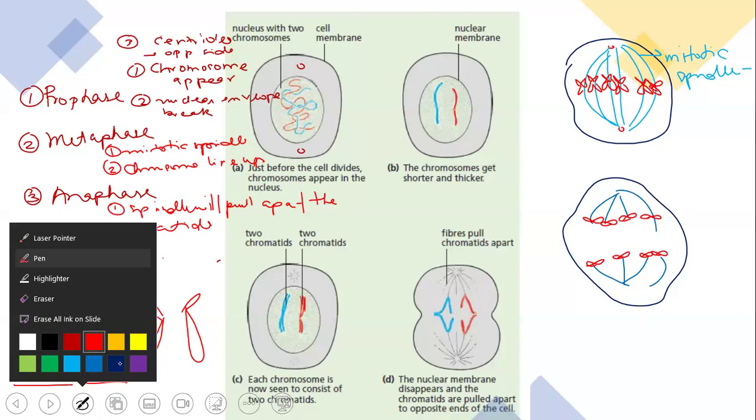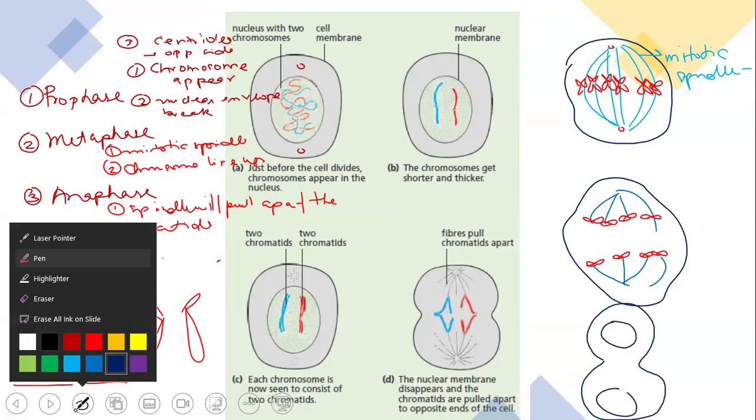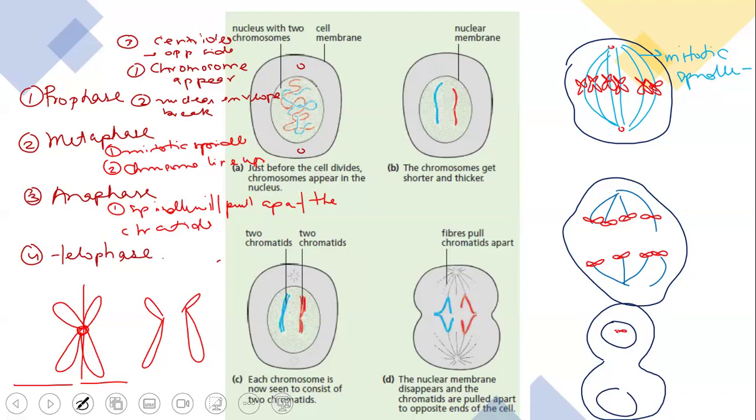Now, the final stage that we have is telophase. In telophase, now that the DNA is equally divided, the cell is going to split into two. Half of the chromatids are on one side and half on the other side. Now the cell is going to squeeze the center.